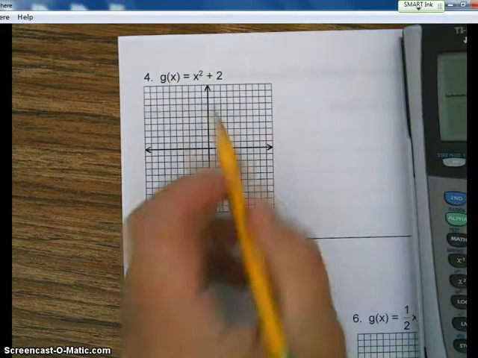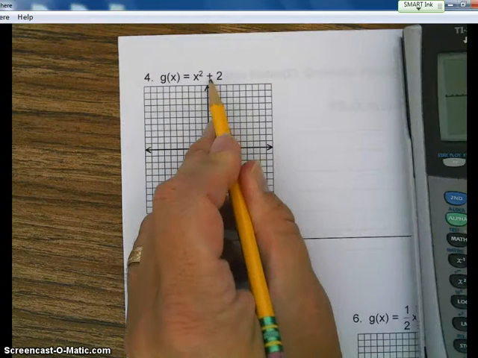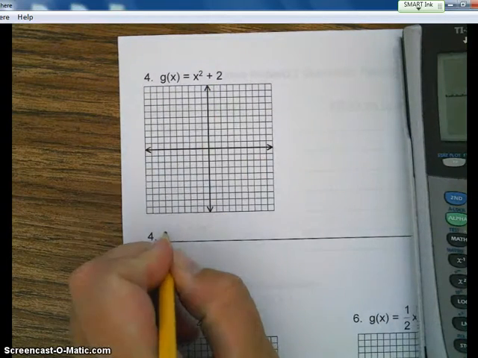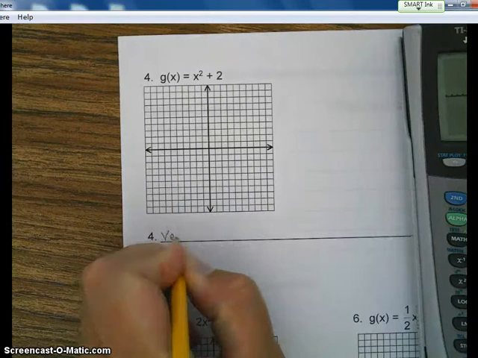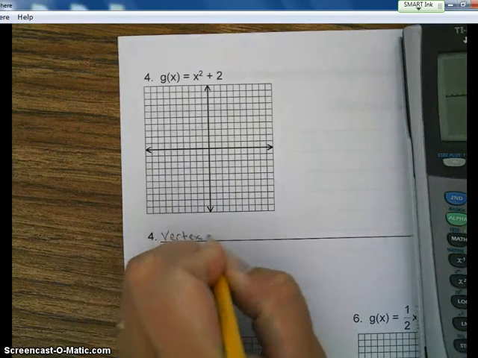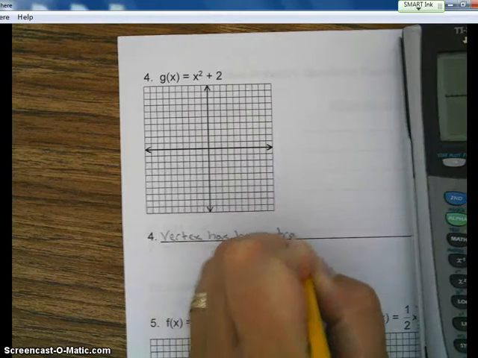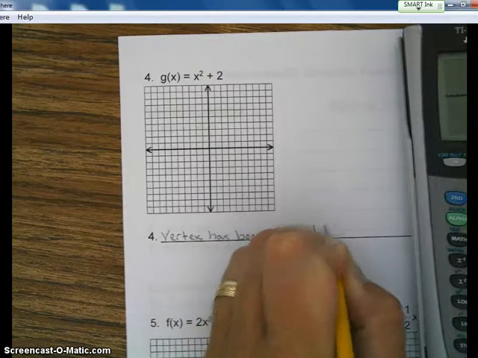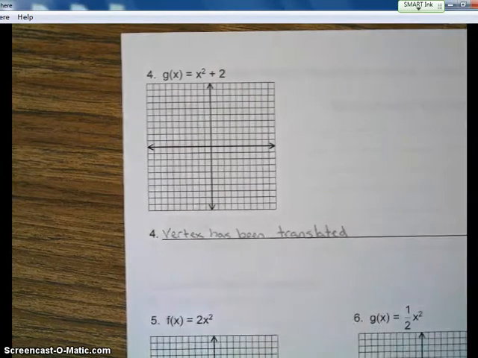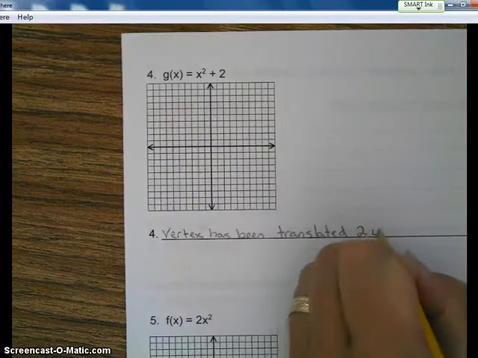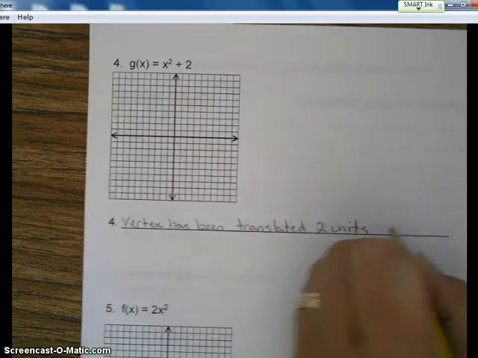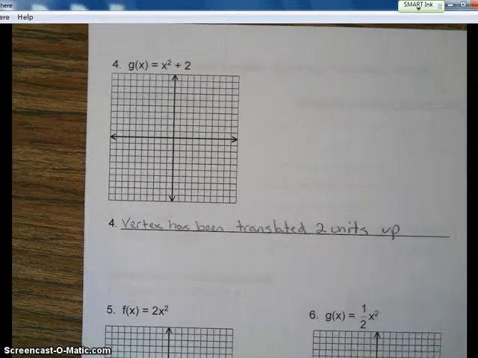You can see that in the equation, 2 units up. So the vertex has been translated two units up. And that's about it.